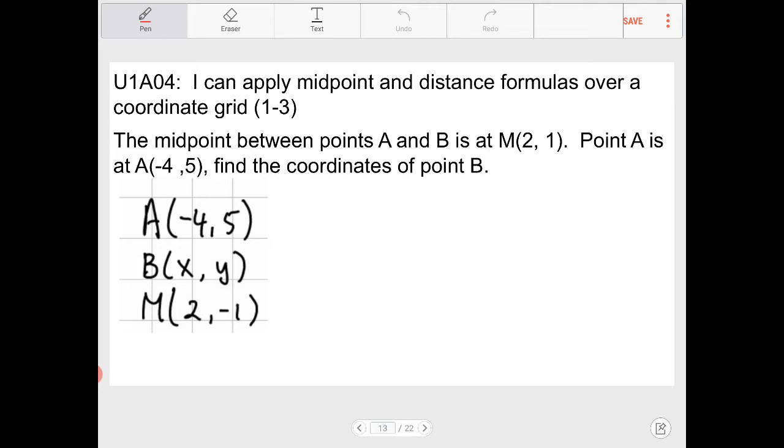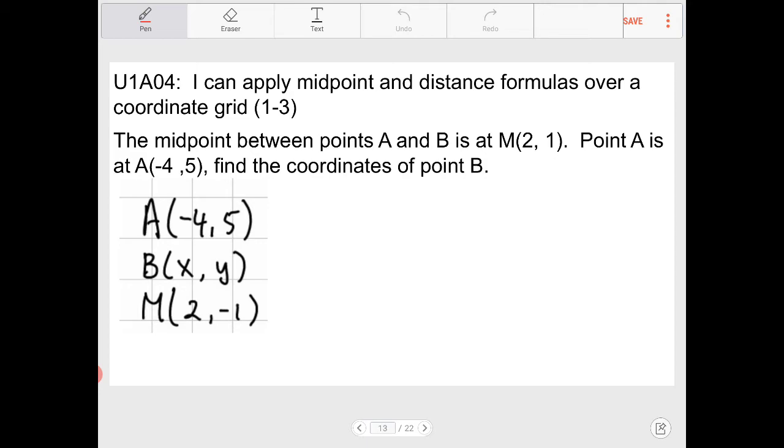So in other words, you're told the midpoint. You are told one of the points, to which the midpoint will be at 2, negative 1, but you need to find out what the other point is, the other endpoint. So how are we going to approach this?